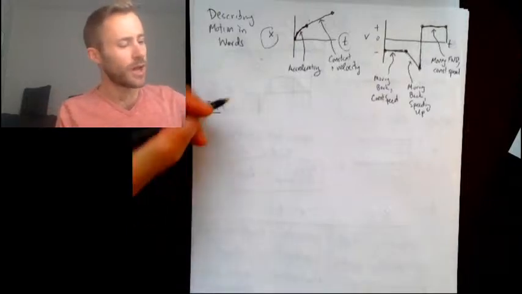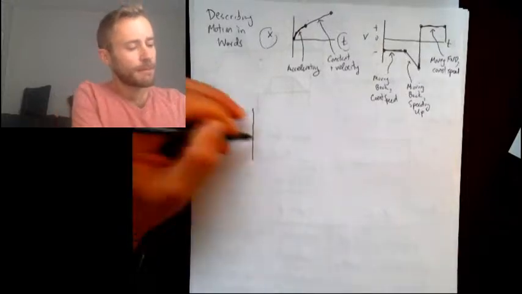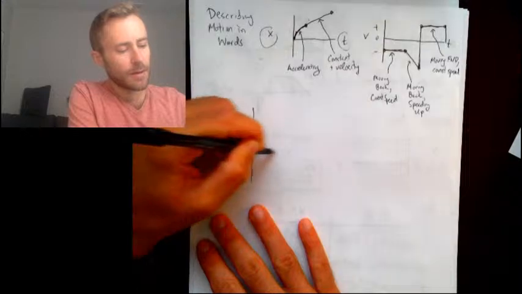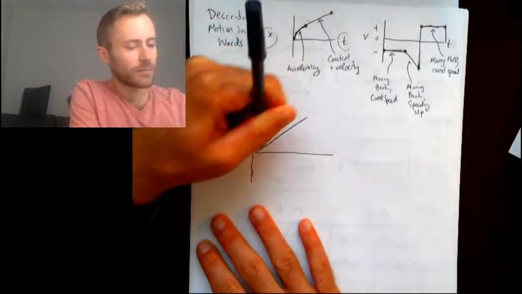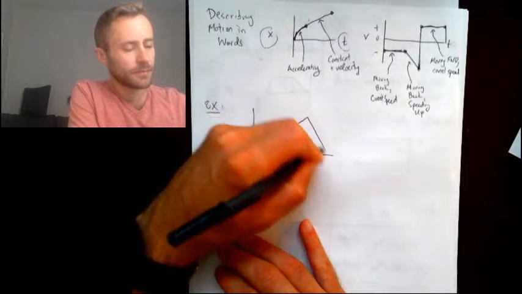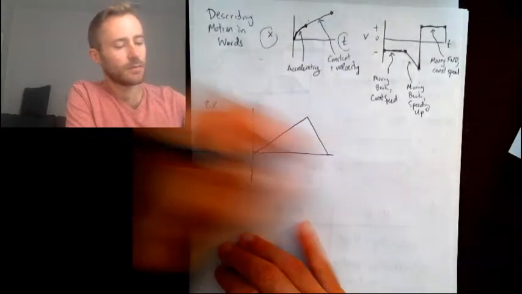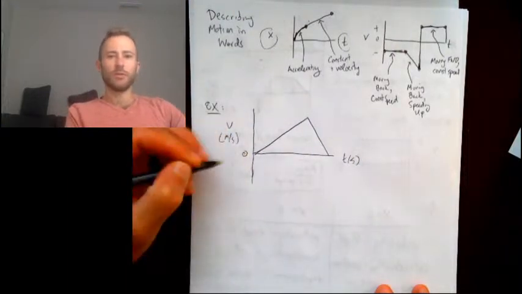So let's do an example. Let's suppose we have a velocity time graph, and maybe the velocity time graph looks like this. Okay, so here's zero velocity.